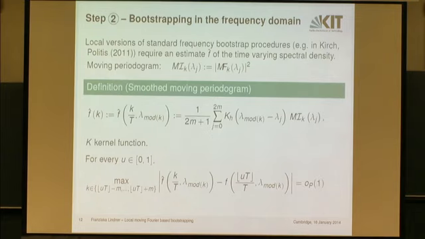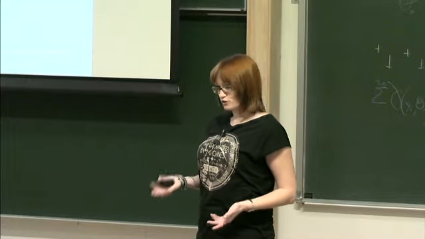We mean by that the true spectral density at time ut, for every point in time ut, and the estimated spectral density at time kT, where k is not really far away from ut, just plus minus m, that this difference goes to 0. So this is what we mean by locally uniform consistency. Well, and as I said, it's fulfilled for this estimator. We've proved that. And now we can apply wild bootstrap, residual bootstrap.